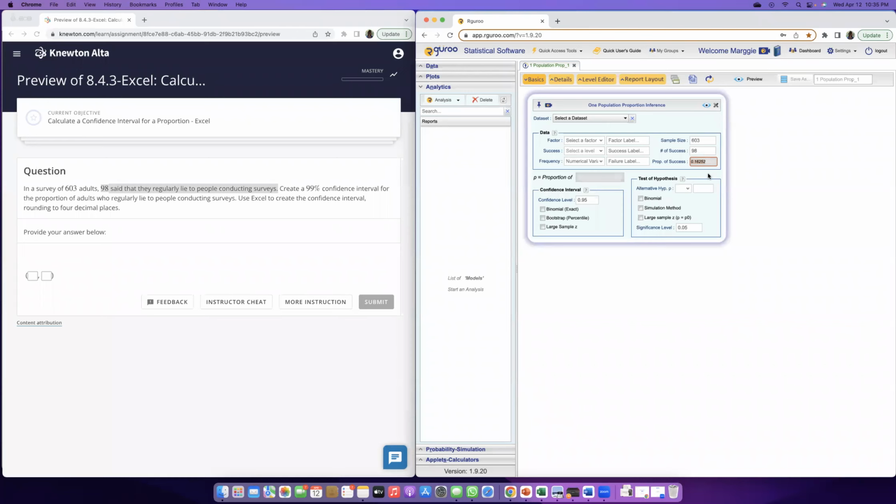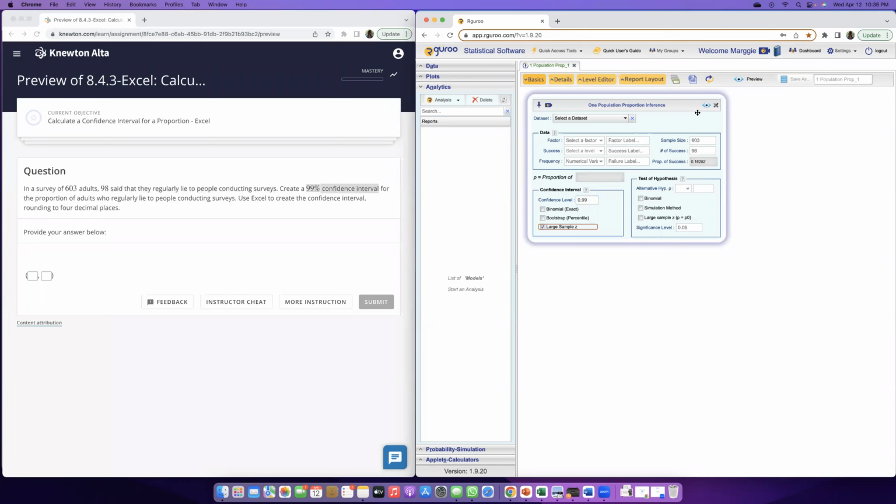That's our p-hat, our point estimate on the proportion. The only thing that we need to do here is to change the confidence level to 99 to make sure that that matches your problem. And the method that we use to calculate this confidence interval is a large sample Z.